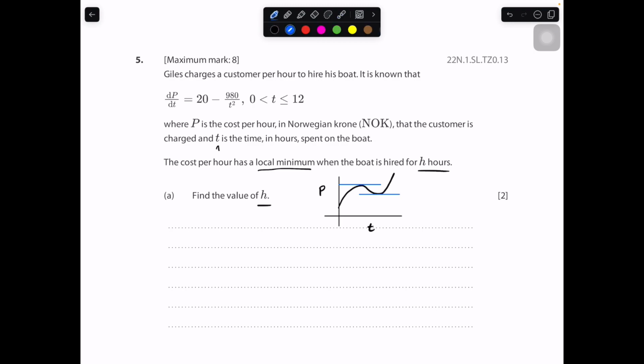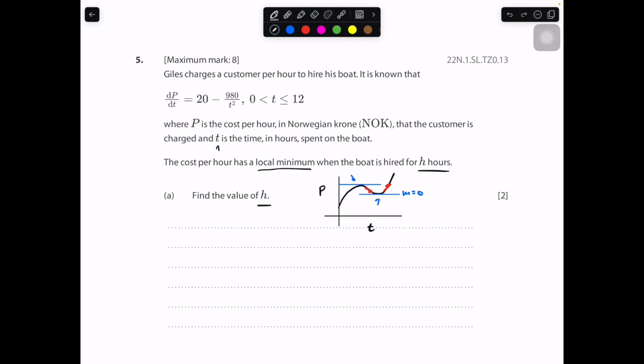Whether we have a local max or a local min, that's going to be the point where m is equal to 0, where the slope is equal to 0. In this case, they give us the slope function, the derivative.